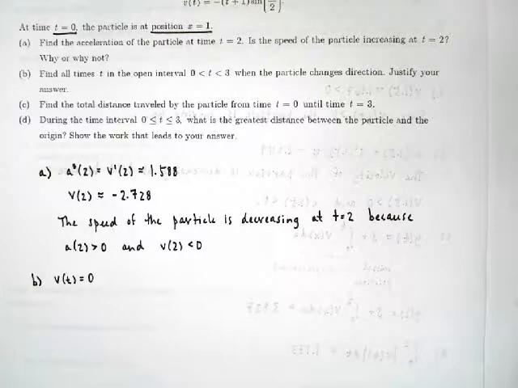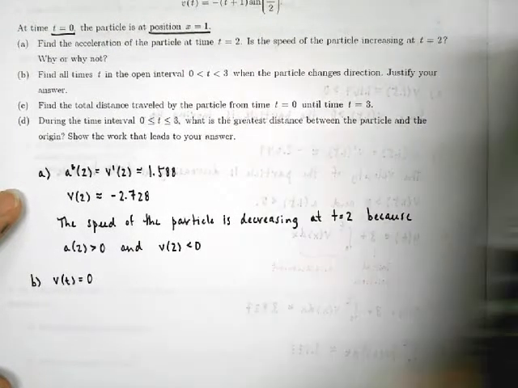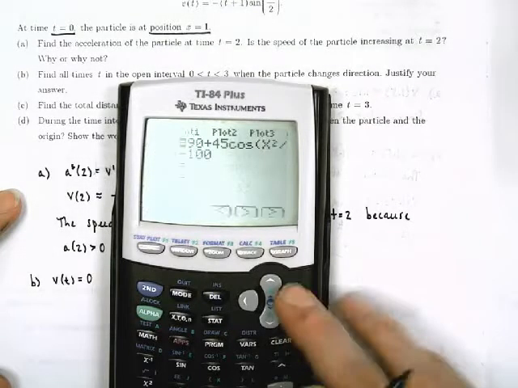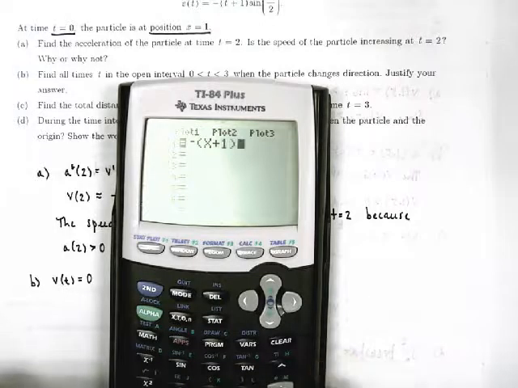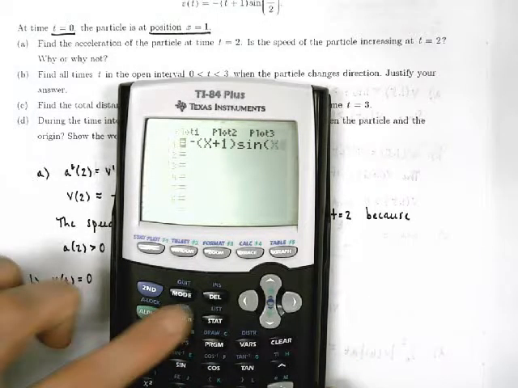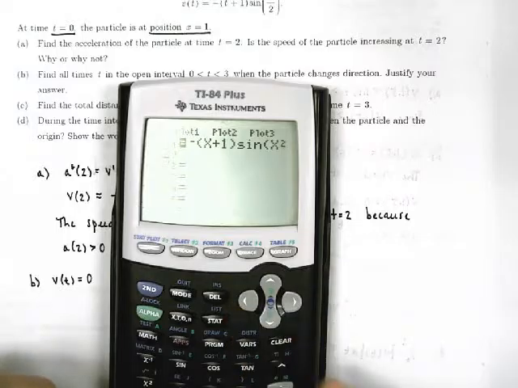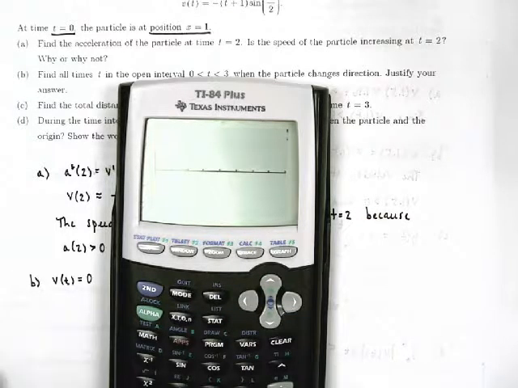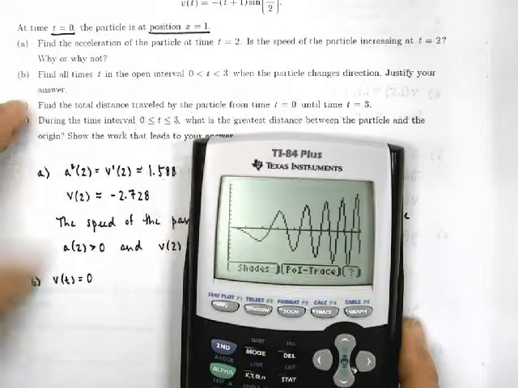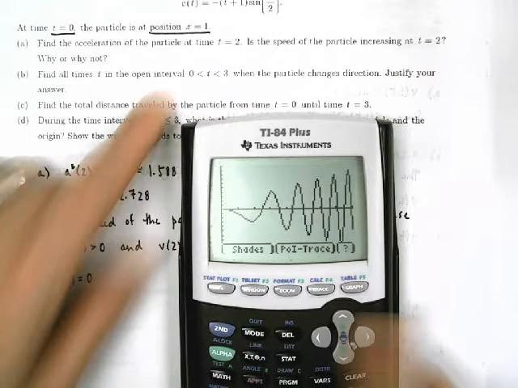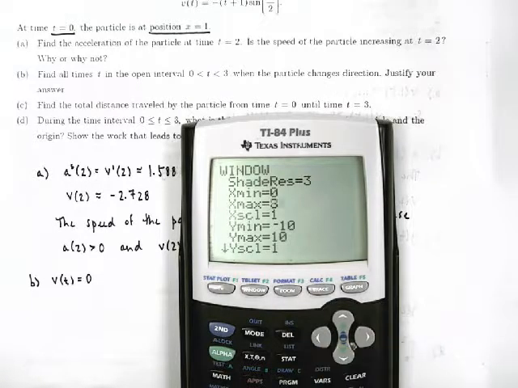Now, since I've got a calculator, I can go ahead and graph my velocity function to find the zeros. So let's see, y equals, I'm going to put in my function. Oops. And I'm going to graph. I'll probably have to change my window. I've got an old window from something else. And let's see, we're looking specifically between 0 and 3. So I'm going to just change my x max to be 3.